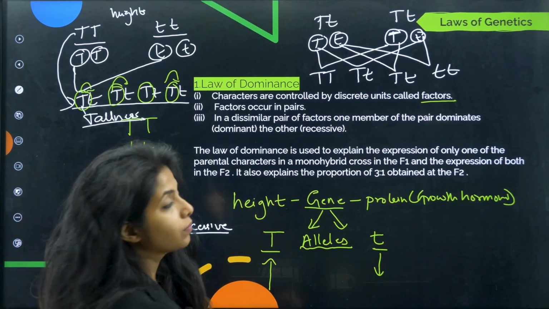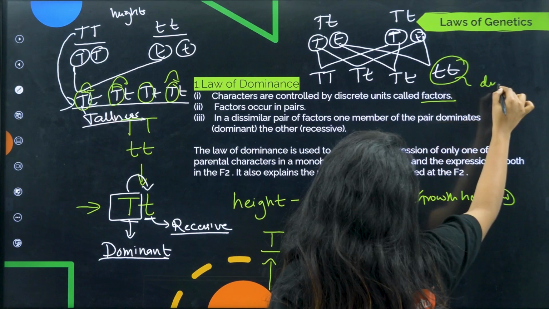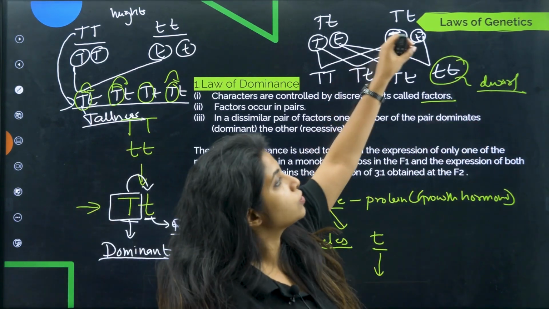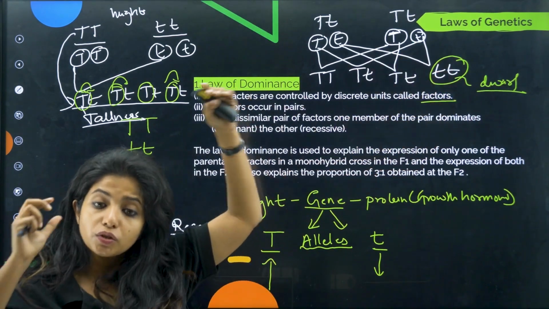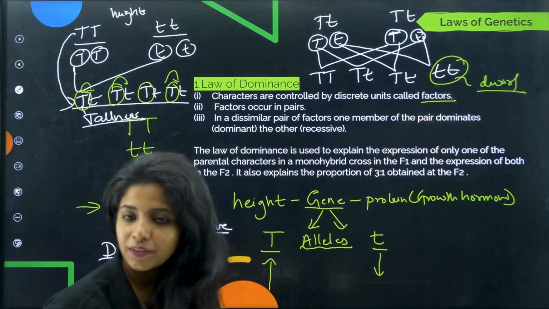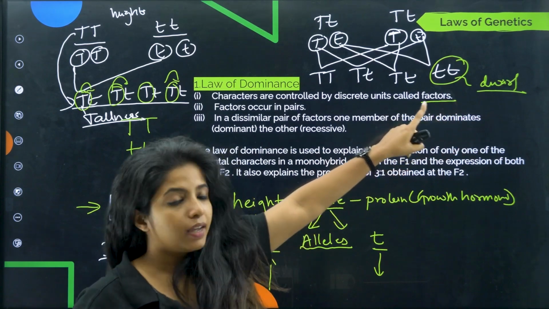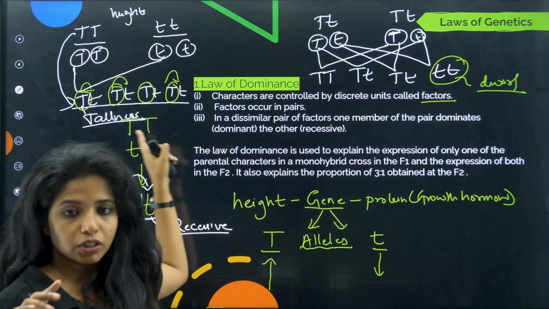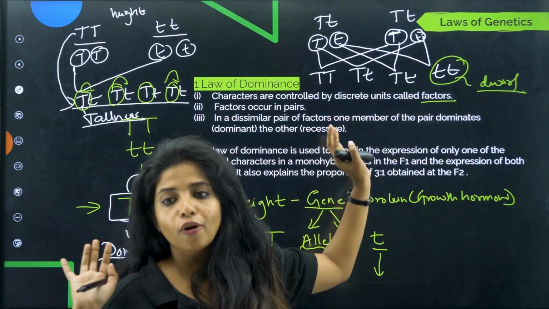Now, over here I see one child is dwarf. Over here, one is what? Dwarf, because there is no dominant allele to overshadow its effect. Right? There are no proteins being produced, or not enough proteins being produced, which is why this particular plant is dwarf. If a dominant allele was there, this effect would probably not have shown, and hence you can conclude that in the F2 generation, you see both the parents because of the law of dominance.